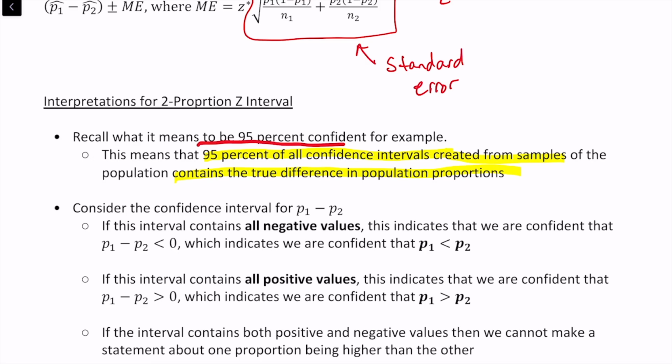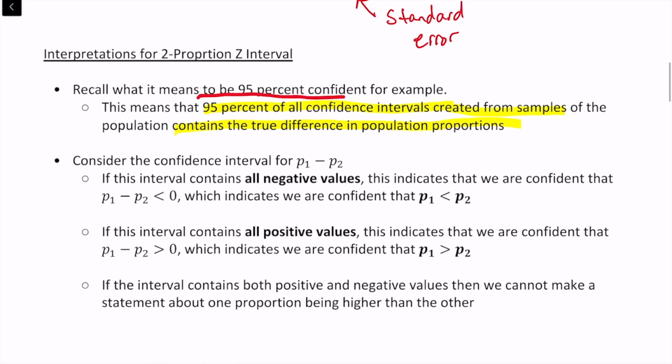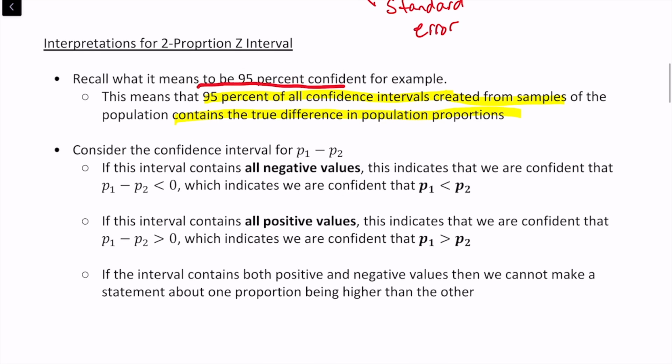But something that's new, since we're comparing two different proportions here, let's take a look at these different scenarios that could happen. So remember, we're doing P1 minus P2, right? So if you do your confidence interval, and it turns out that it contains all negative values, what does that mean? That means that our confidence interval is saying that P1 minus P2 is less than 0.